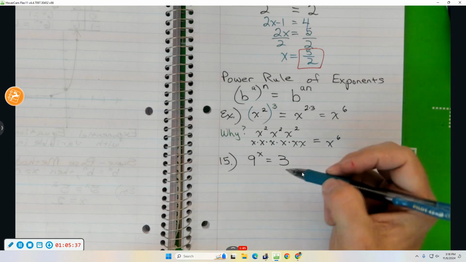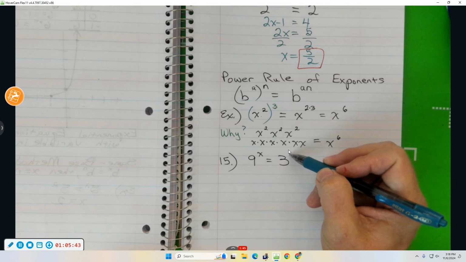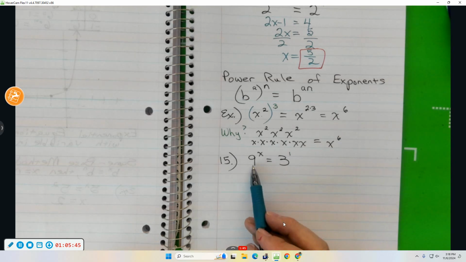Well, what's the exponent up here on this 3? I don't even see an exponent on that 3. What do we assume it is? 1, yeah. But we need this number written as 3 to a power.